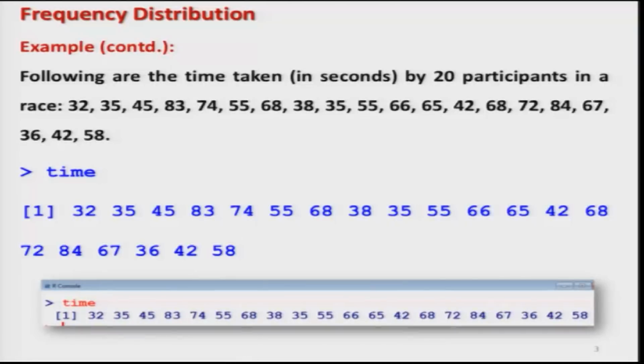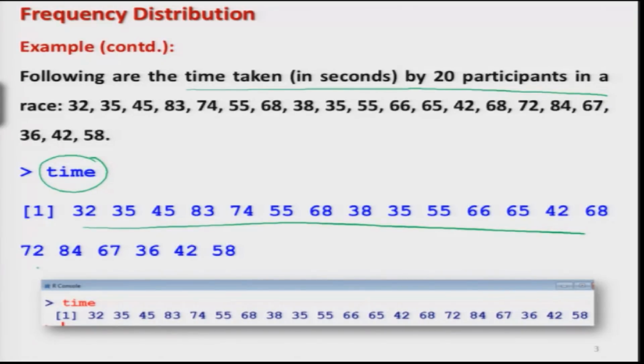You may recall that in the earlier lecture I had taken an example like this one. I had recorded the time taken by 20 participants in a race, and I had created a data vector time, and this data vector consists of 20 values.